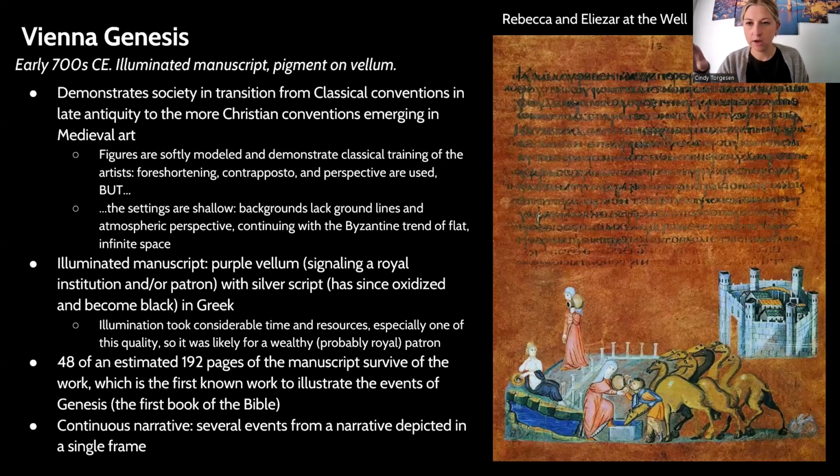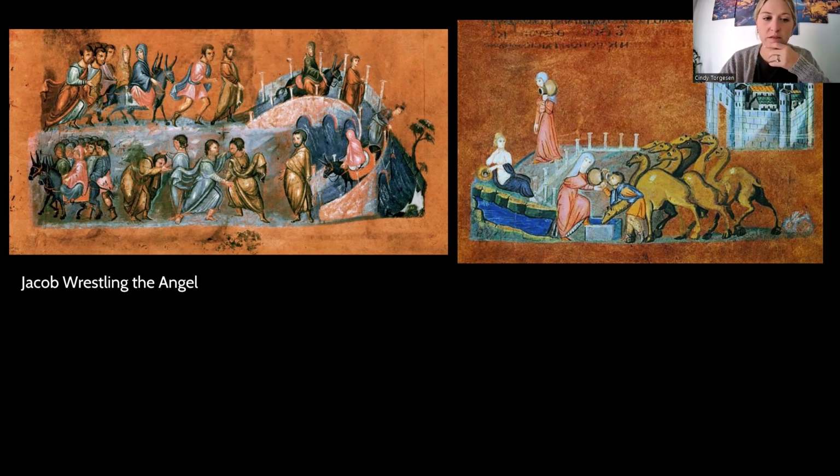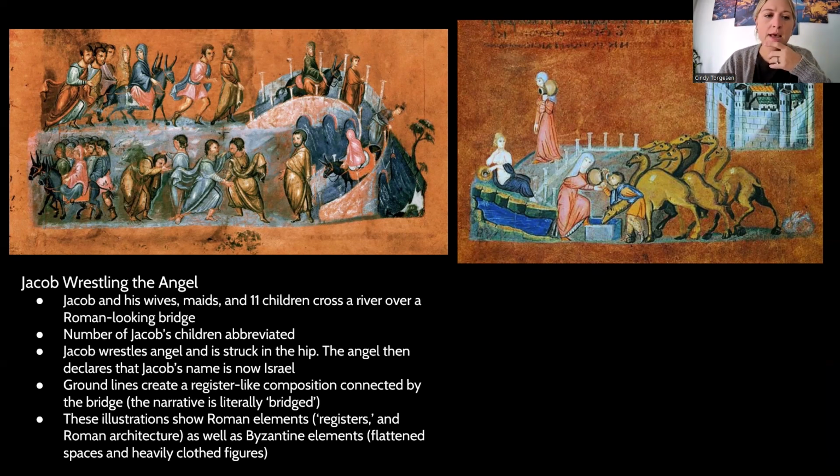And I have another page where we can look at the narrative. On the image on the left, you have another illuminated manuscript, or section of illuminated manuscript, telling the story of Jacob wrestling the angel, another story from the Old Testament. Basically, it's a story of Jacob and his wives and his children who are escaping and they go over this bridge and then you have him wrestling an angel.